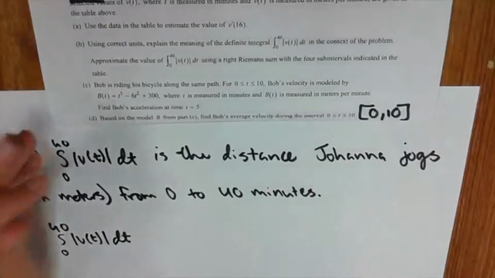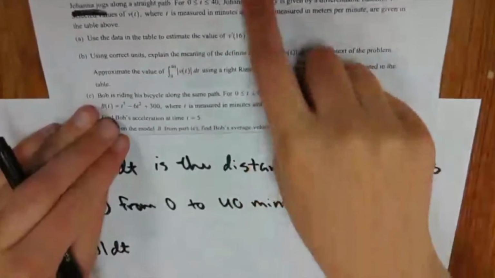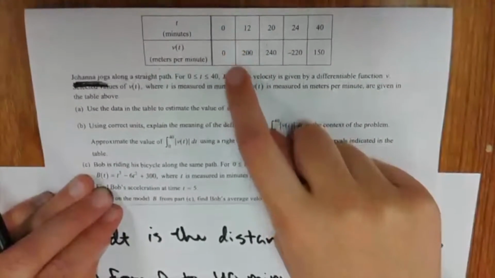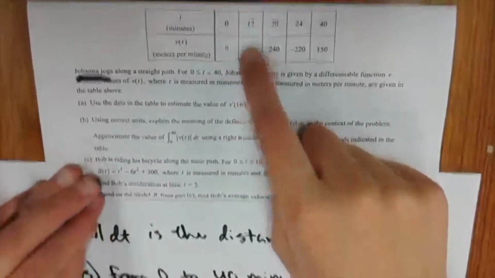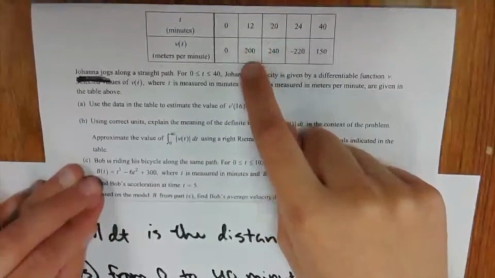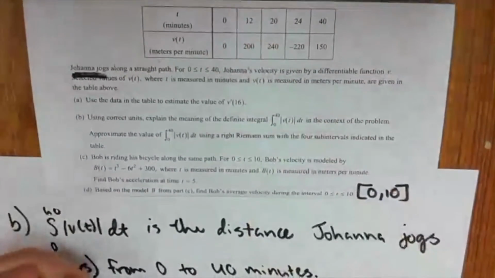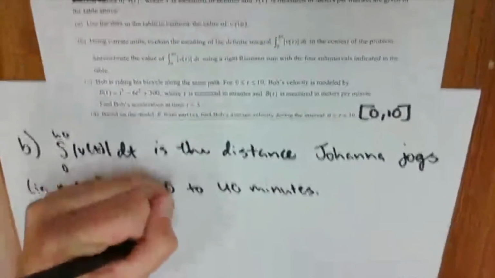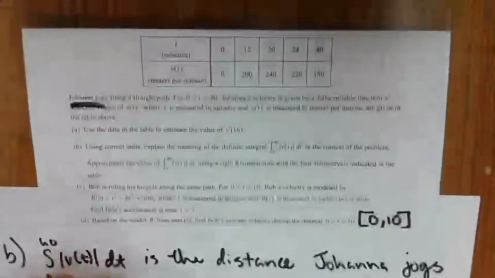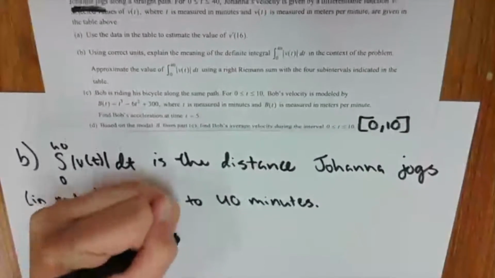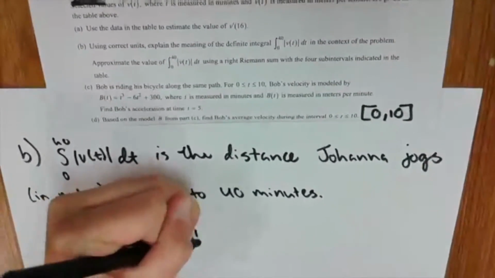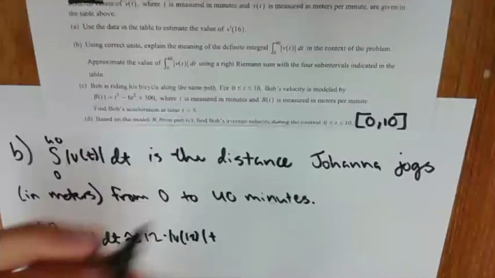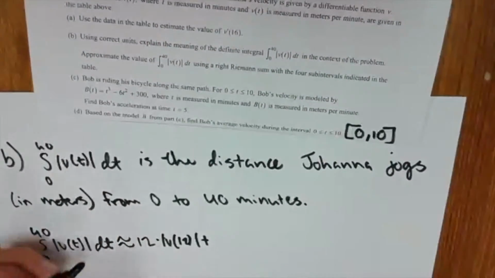And so to do the right Riemann sum, you do your time, so for example 12 minus 0, and then the velocity of the right side, so the velocity at 12. And so that approximation is 12 minus 0, times the absolute value of the velocity at 12. And we're just going to add that for each of our 4 subintervals.